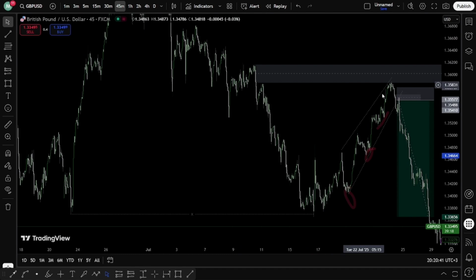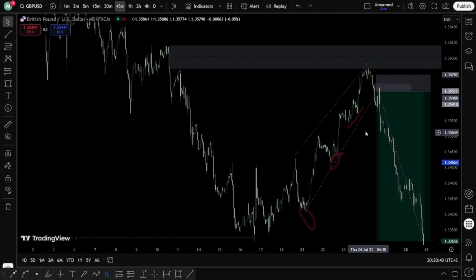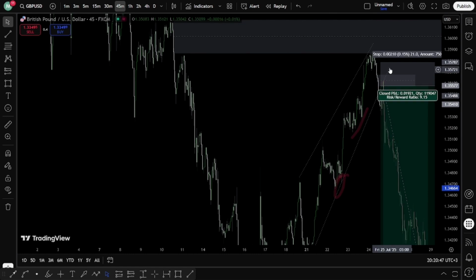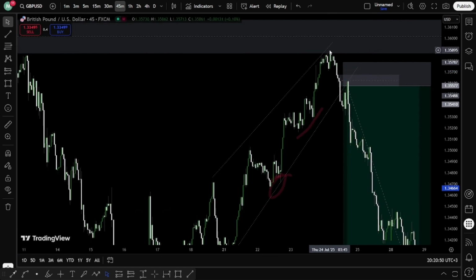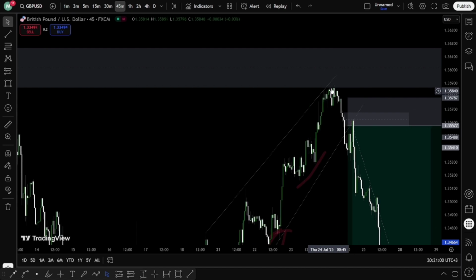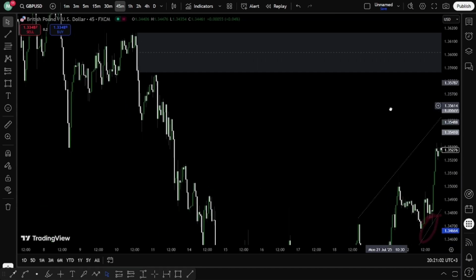Sorry, I extend it out. Then I expected the market to return to the order block here like it did, then sell. You can see it was just a slight touch of the order block, then the market moved down.